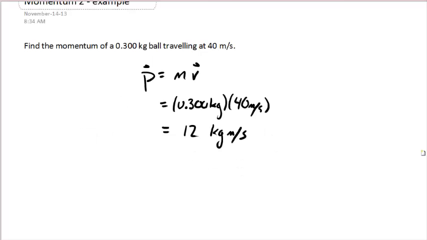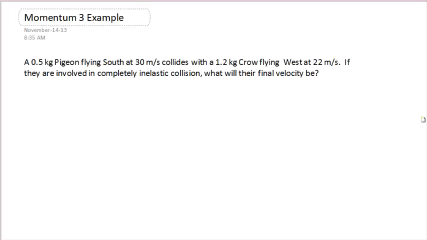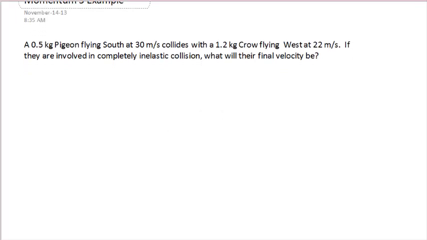So if we take a look at this next example, it's a little bit more difficult. We have a pigeon flying south, like so, and it collides with a crow flying west, like so. Now what we're looking for is the final velocity, because they're in a completely inelastic collision.